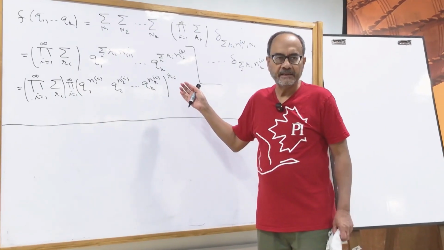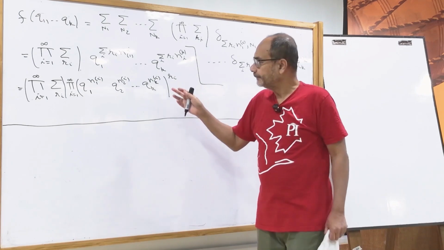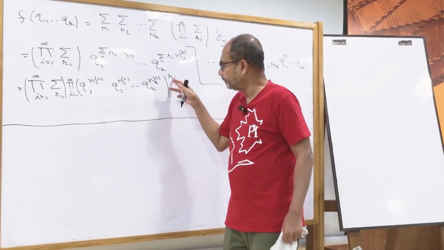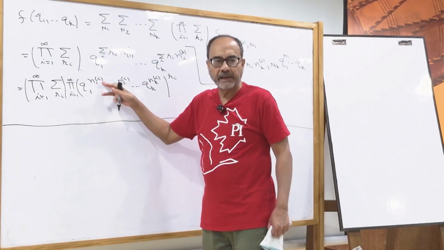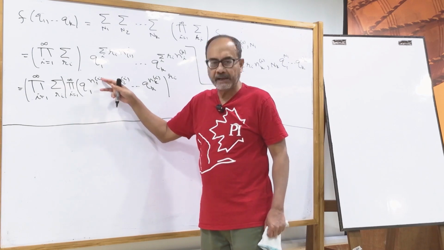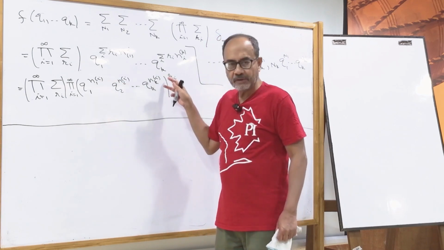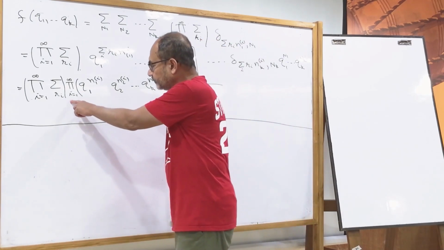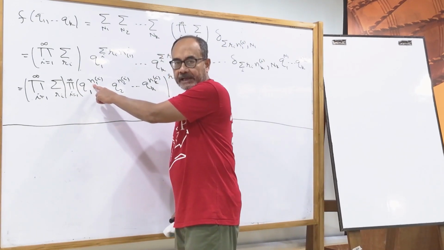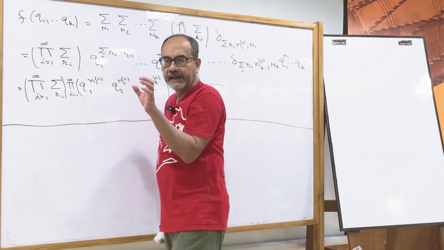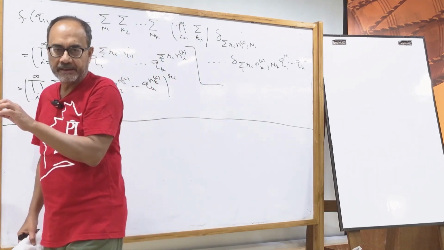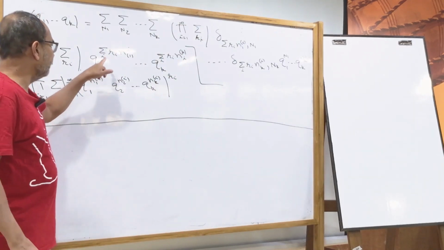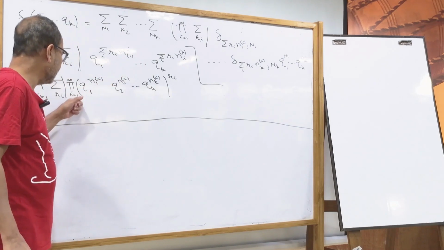Is it clear what I have done here? Because you see, when you raise it to Ri's power, each N1I will get multiplied by Ri. So you get N1I Ri, N2I Ri, and so on. And then the product can be written as a sum in the exponent. Q to the A times Q to the B is Q to the A plus B. So here you had a sum over I in the exponent, but now I am writing this as a product over I.